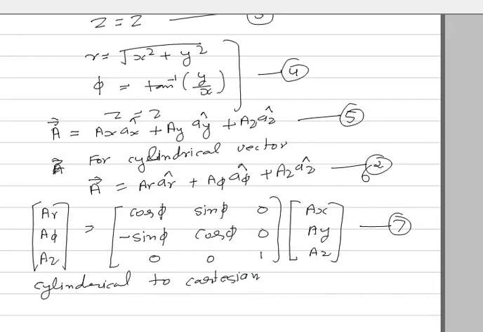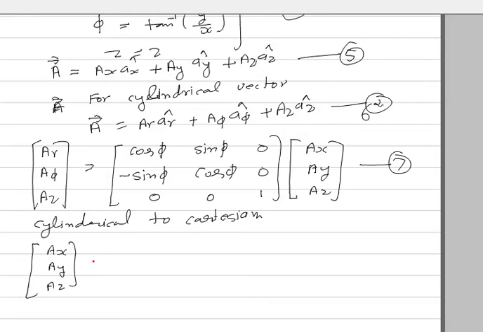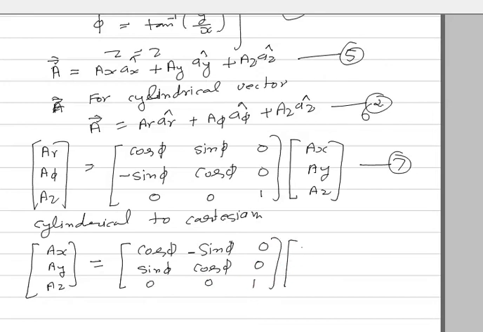Then ax, ay, az equals the matrix cos phi, minus sin phi, 0; sin phi, cos phi, 0; 0, 0, 1, times the column ar, a phi, az. Now this equation is called equation 8.